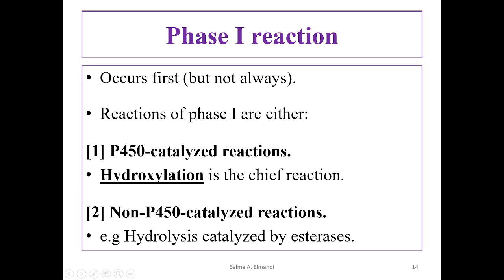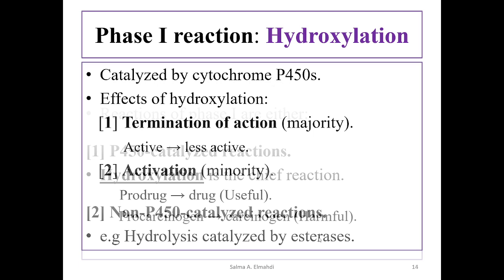Reactions of phase 1 xenobiotic metabolism are either catalyzed by P450, where hydroxylation is a chief reaction catalyzed by these cytochromes. The reactions of phase 1 can be non-P450 catalyzed, for example, by hydrolysis by esterases.